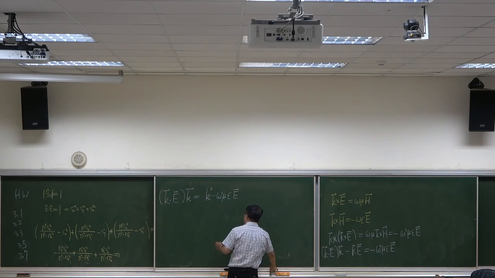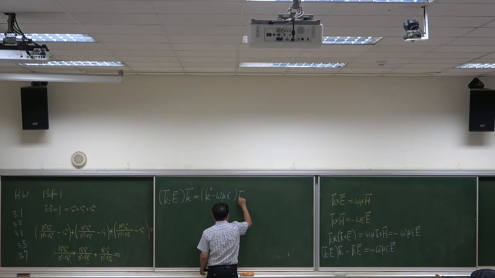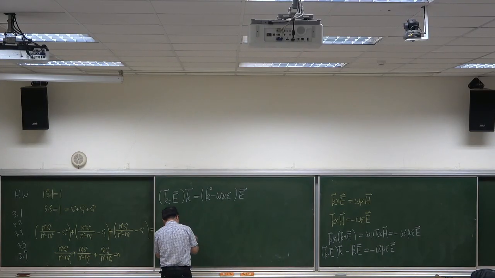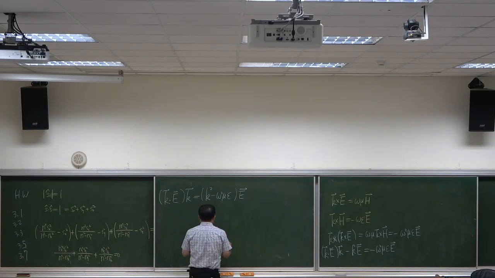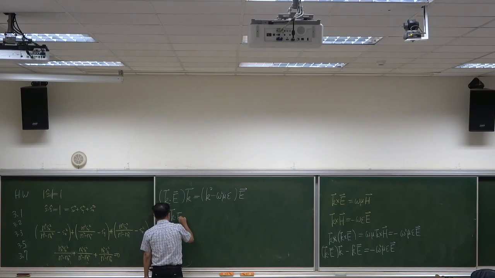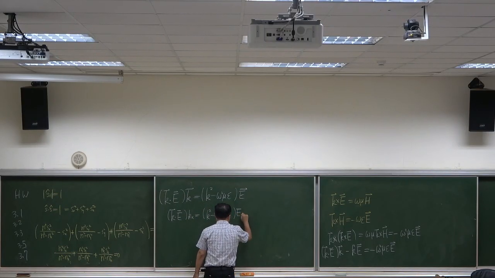So, if we try to find the components one by one, we have K dot E times Kx equal to K squared minus omega squared mu epsilon x times Ex.